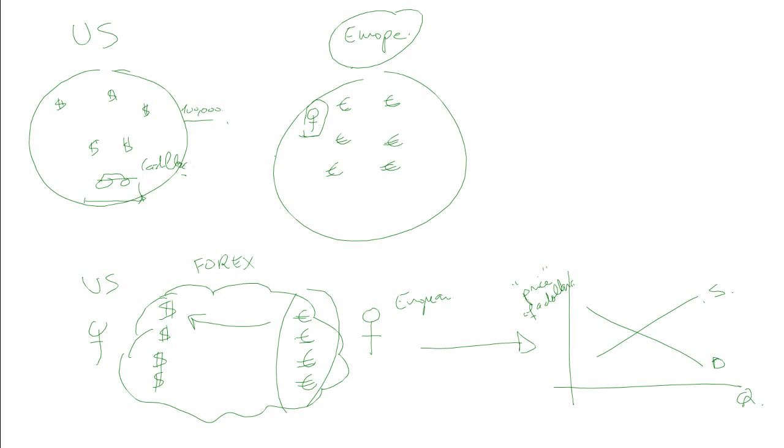So this is basically one of the causes that explain the fluctuations in foreign exchange of a euro versus a dollar. In the next video, I'm going to talk about other causes that make the euro and the US dollar fluctuate against each other.